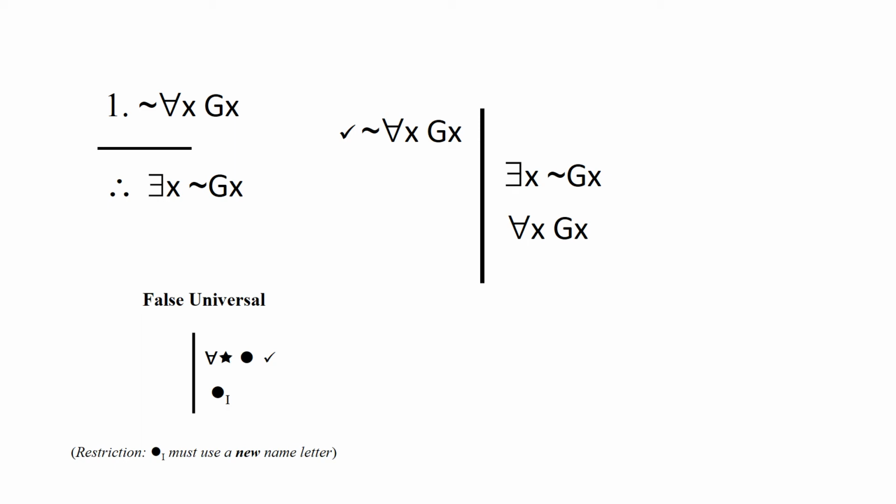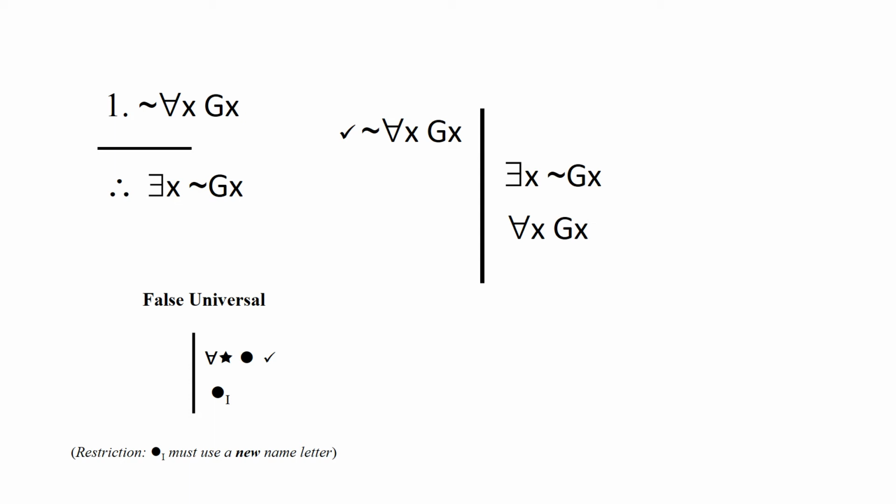False universal rule says if the universal sentence is false, then an instance of that sentence is also false. But there's this restriction. The instance we build out of this universal has to use a new name letter. And by new, we mean not appearing previously in this tree.